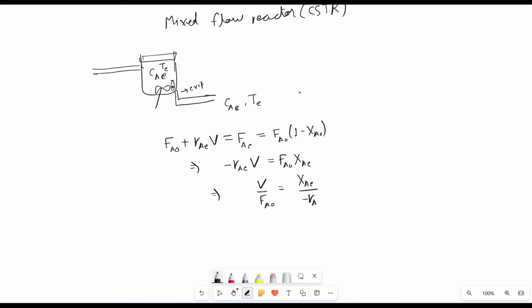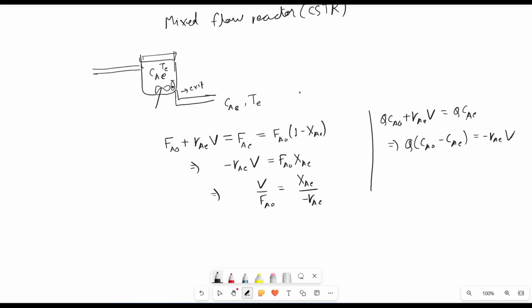If you do not want to write in terms of conversion, this can be written in terms of concentration: Q CA naught is the inlet, plus RAE V, equals Q CA exit. This can be written as Q(CA naught minus CAE) equals minus RAE V.